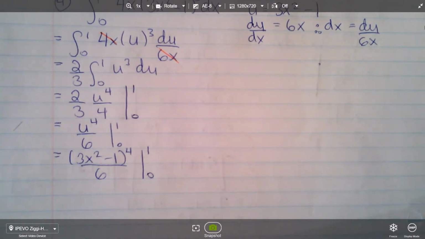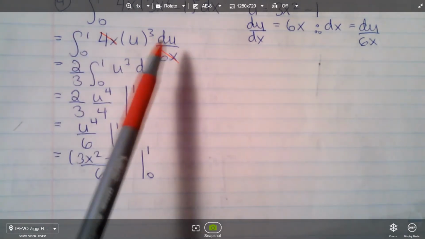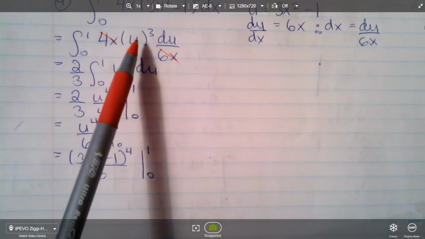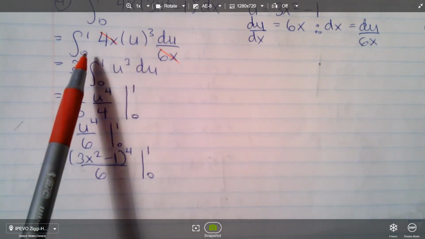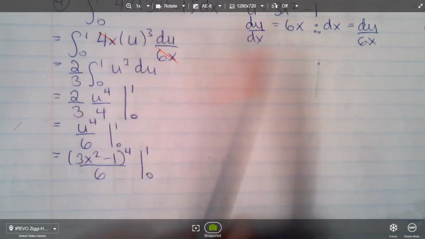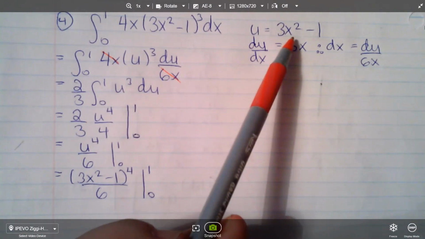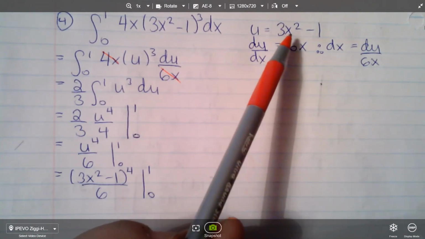So in really strict calculus, technically when you sub in u and du, you're supposed to adjust the bounds, okay? Because these bounds are for x. So you're supposed to figure out, when x is 1, the bound here should be 2, and when x is 0, you're supposed to change it to -1.